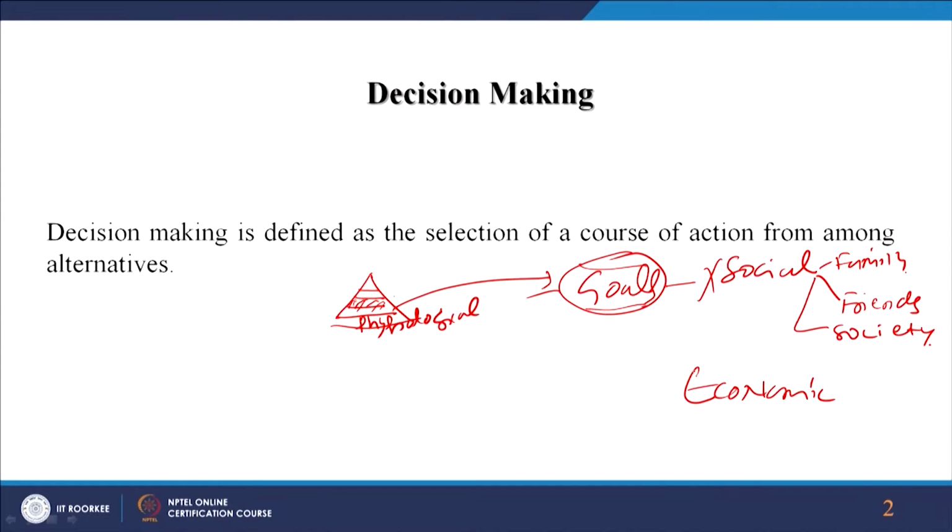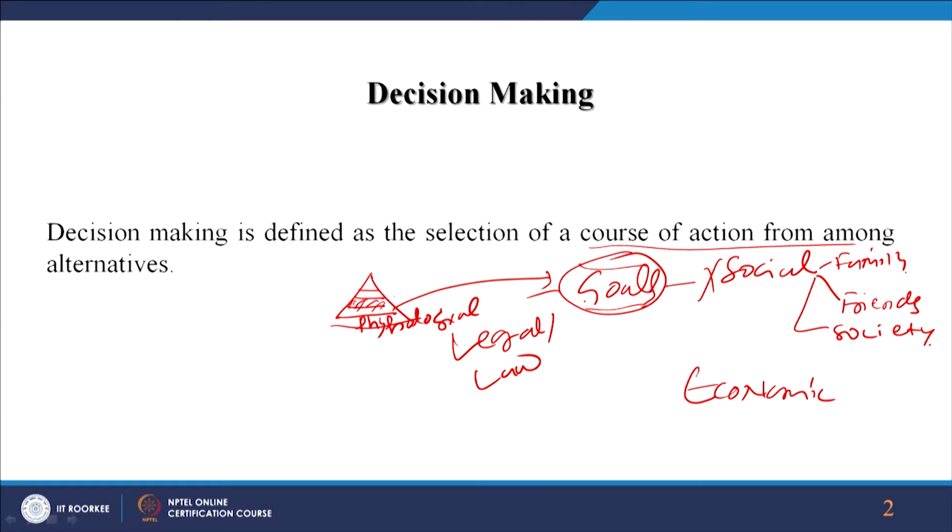Sometimes he may be forced to take a decision as per legal guidance or by the law. And if it is by the law, the society or the economic factors, then his course of action from all these alternatives will be the one that satisfies his need and his goals.